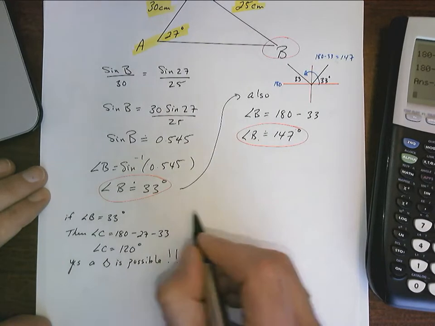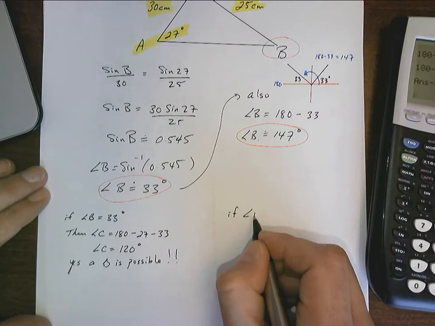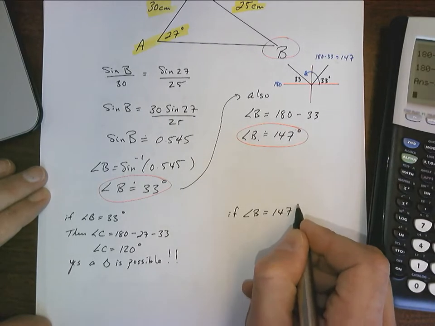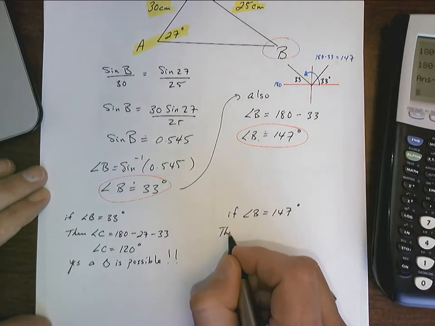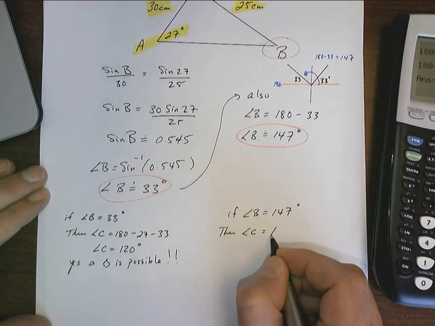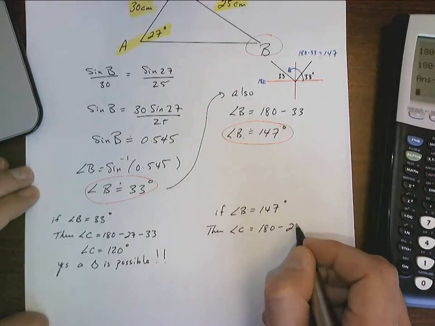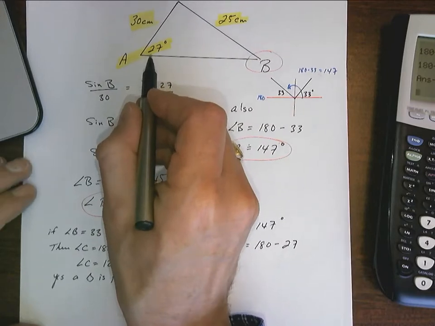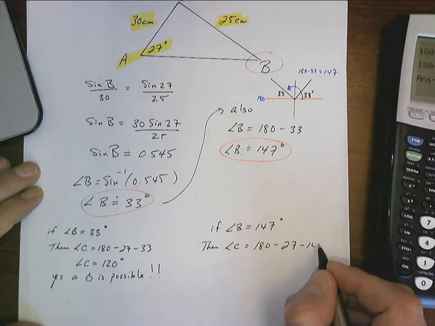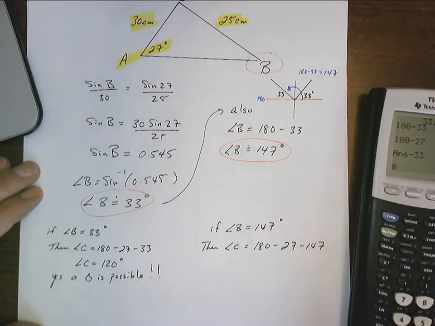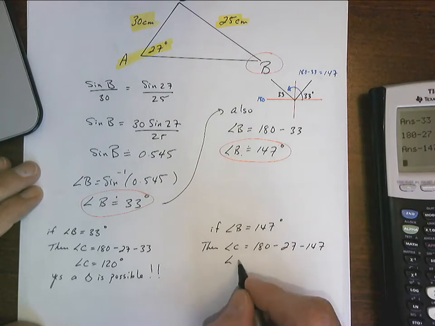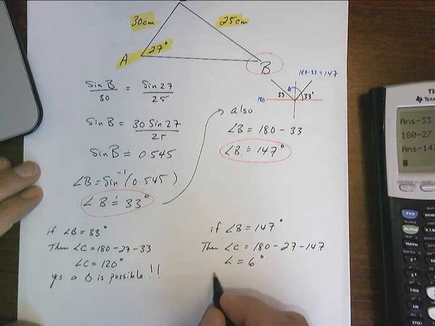Okay? Over here, if angle B equaled 147 degrees, then angle C would be 180 minus the 27 that we had here, it hasn't changed, minus the 147, so that'll be 180 minus 27 minus 147, and it leaves us with angle C equaling 6 degrees.